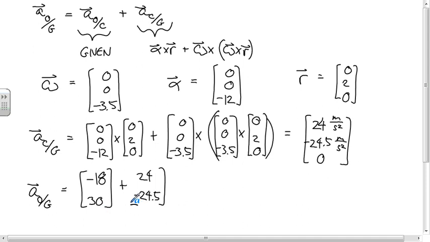I'll just leave off the z components, since the linear accelerations all have 0 z components. And you get an acceleration of 6 meters per second squared, 5.5 meters per second squared.